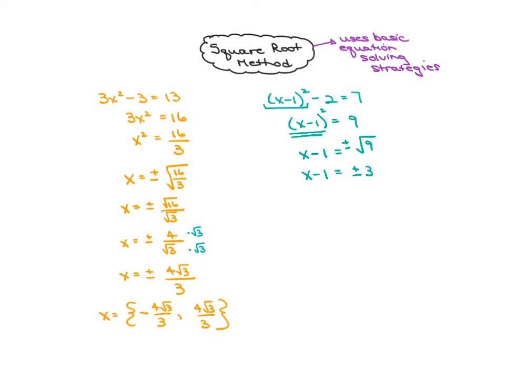All right, we still haven't isolated x yet. So we actually have two smaller problems. Our first problem is x minus 1 is equal to positive 3. Or our second problem is x minus 1 is equal to negative 3. So here x is equal to 4. Add 1 to both sides, x is equal to negative 2. So the solution to this equation, negative 2 or 4.